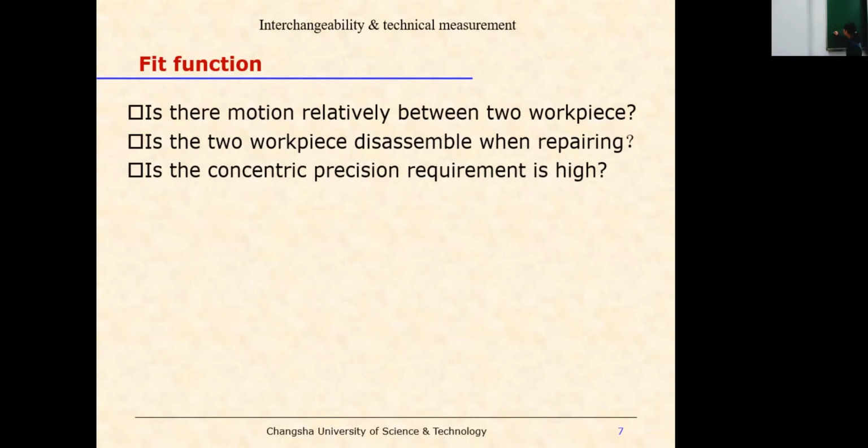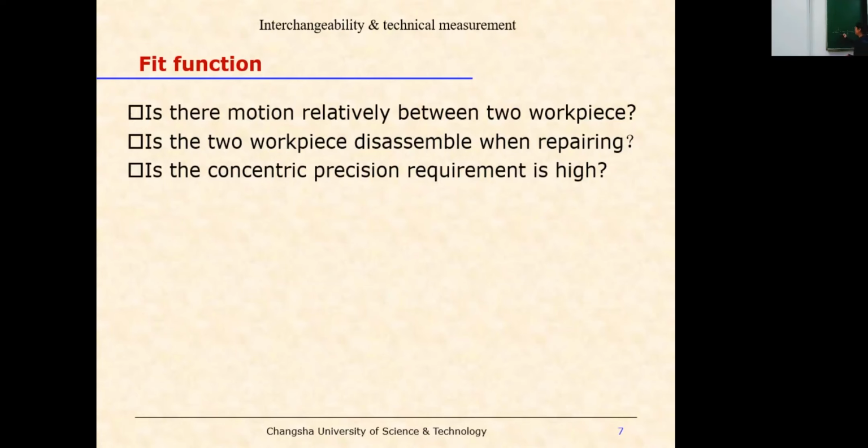If the actual part's center line is not so straight, you need the shaft's line and the hole's line to be the same line, and when it is in high rotation, they have the same line.